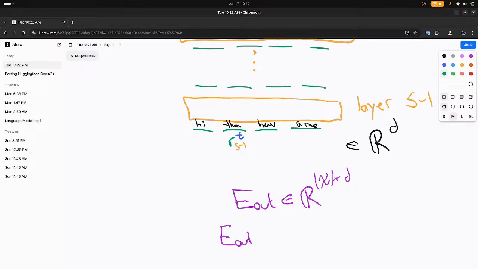So it's a vector, I will call it R S minus 1, the last vector for a specific time t.